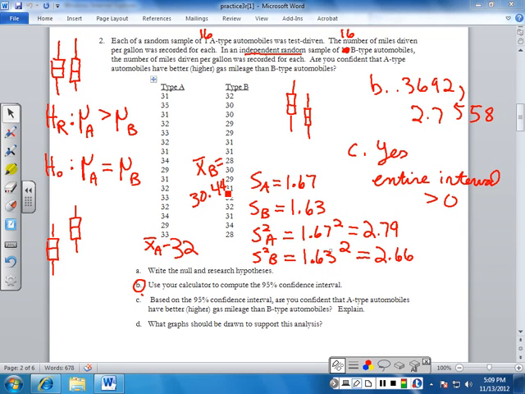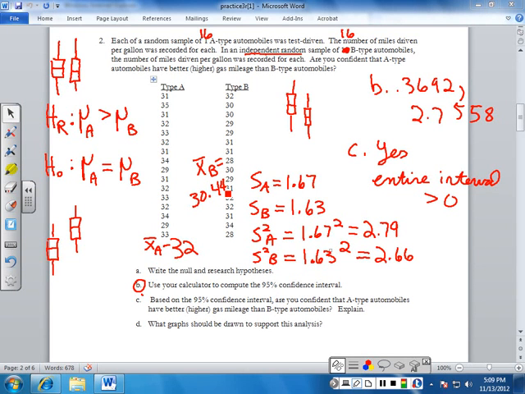In that case, you would have X bar A minus X bar B. I'm just going to write this on the board. I've got too much on there. You would have X bar A minus X bar B plus or minus a t value. It's t because we have sample standard deviations times the standard error.